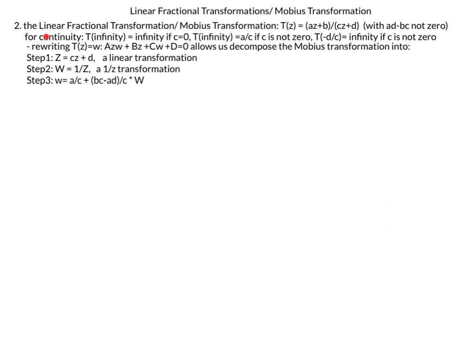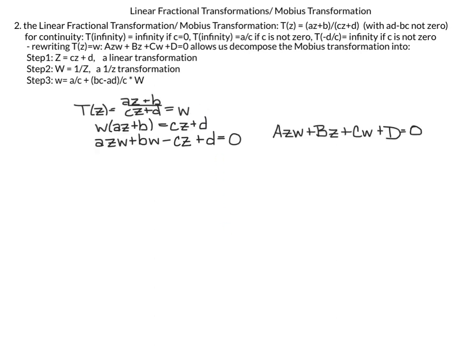I started by moving my notes on the linear fractional transformation up here so that I have more room to work. We are going to start over here by writing T of z equals w as (az + b) over (cz + d), and that'll allow us to do our decomposition. So I can multiply this side by w and bring the cz and d over here, which I have done in this step.